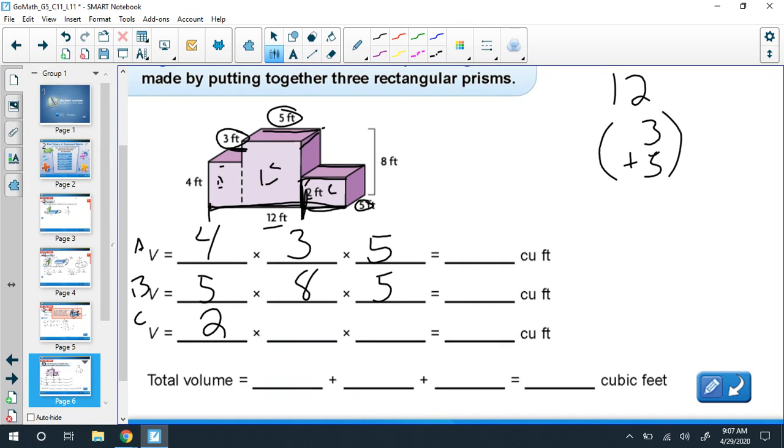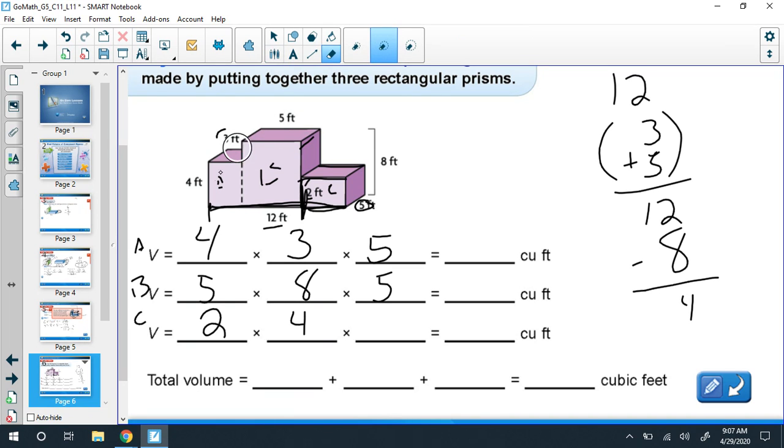And 3 plus 5 is 8, right? So if I've already dealt with the 8 feet going across the front and the whole thing is 12 feet long, then I can subtract. Then 12 minus 8 leaves me with 4. Right, so going across the front of this little piece over here for section C, this is 4, because 4 plus 5 plus 3 equals 12.